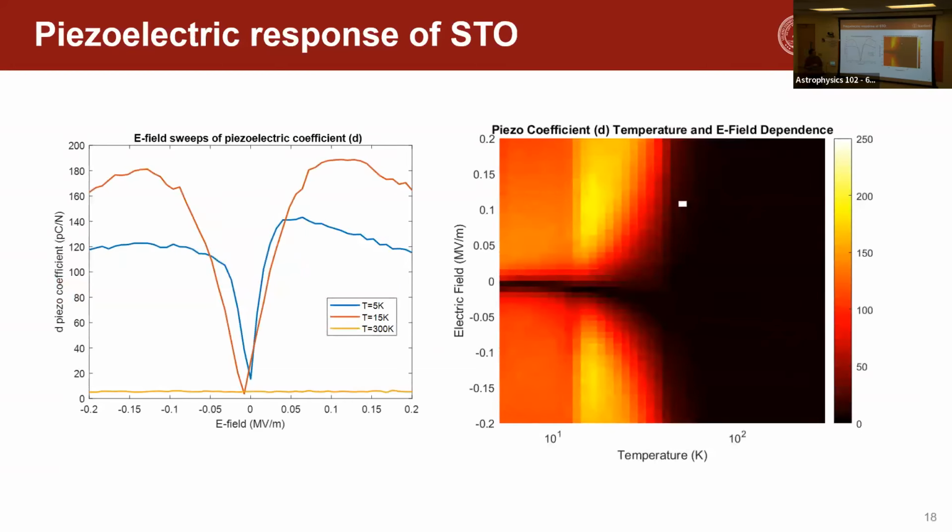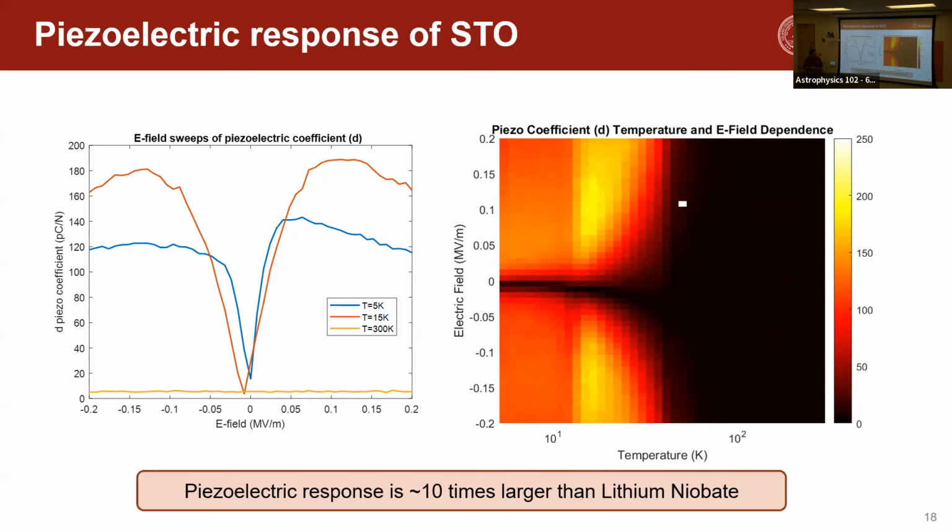And we also looked at the piezoelectric response, which, as I mentioned, was a response that we also thought would be linked to this quantum paraelectric phase in the material. And we see that indeed it's also quite large at these cryogenic temperatures. So this 2D plot showing temperature and electric field is very similar to our electro-optic response, except that now we're getting the largest piezoelectric coefficient in this material at not the lowest temperatures, but some intermediate temperatures.